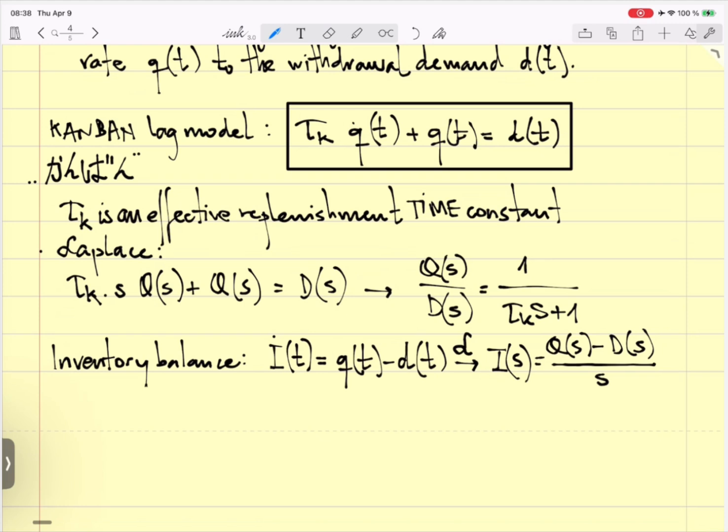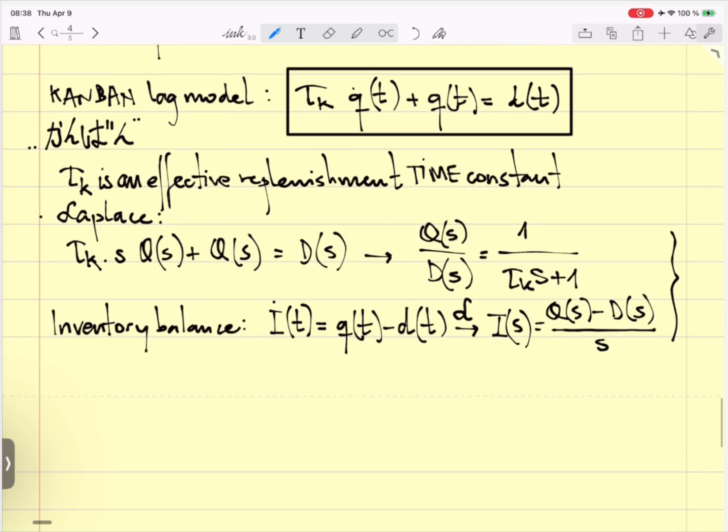If we put these two together, where we find Q, we put d of s divided by tau k s plus 1.